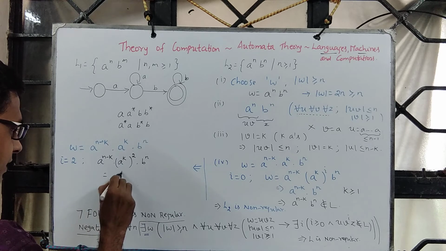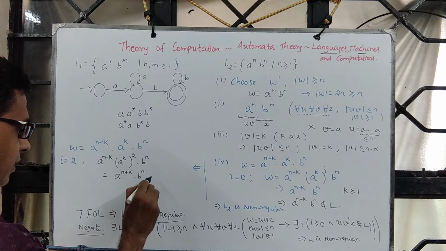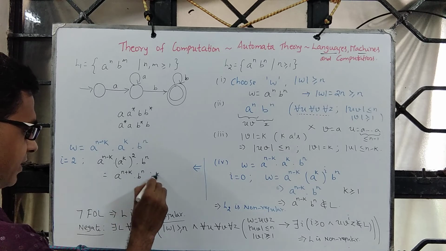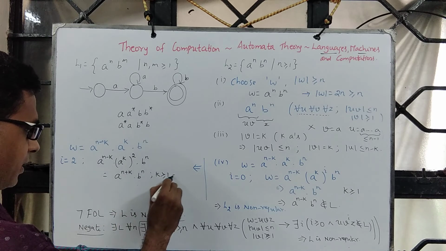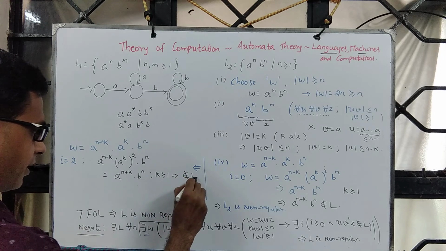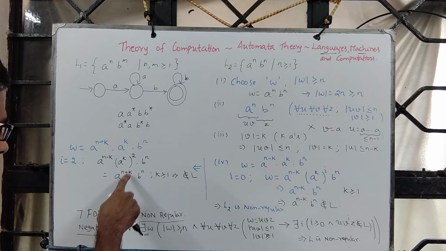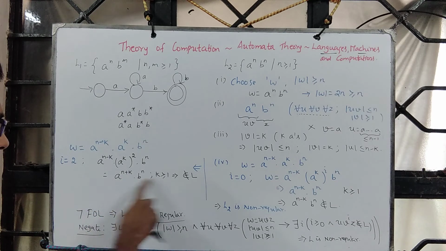So what we get is a power n plus k times b power n. Remember, k is at least 1. This implies that this string is not in L, because this will be a power n plus 1 at least, n plus 1 times this.